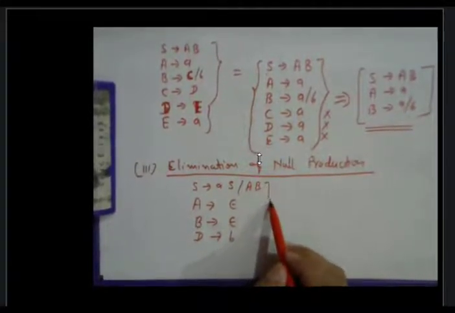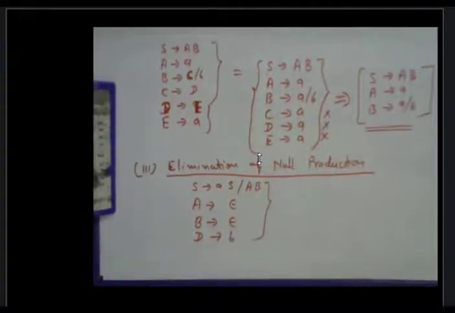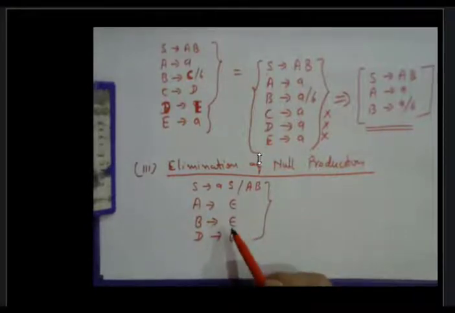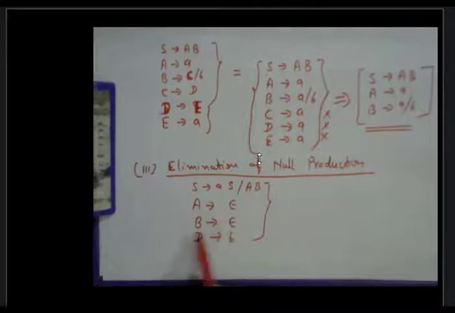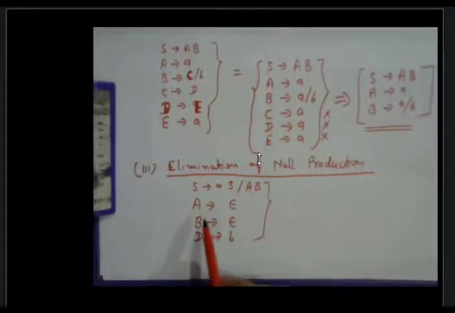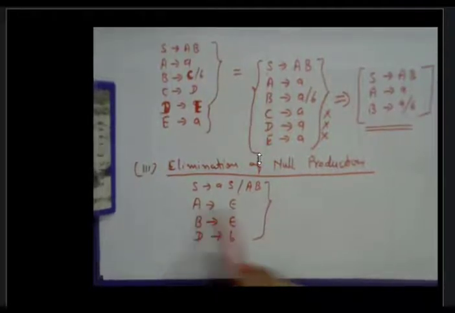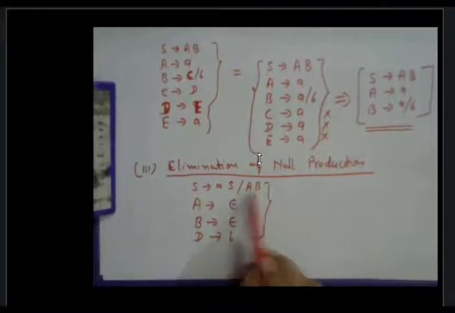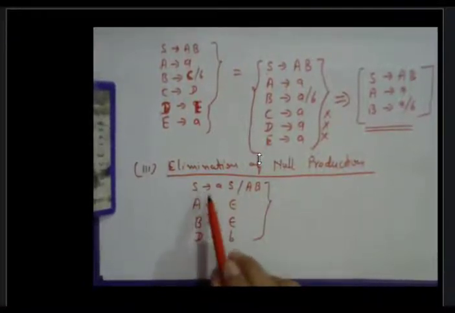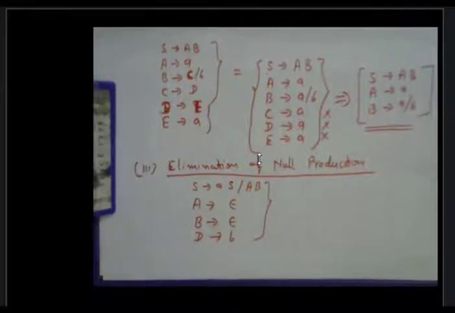Suppose this is the grammar, and in that grammar there are more epsilons, meaning more null variables. A tends to epsilon, B tends to epsilon. Then how to remove that epsilon? Because if we can replace this A with the help of this production and this B with the help of this production, then the value of S may be effective everywhere.